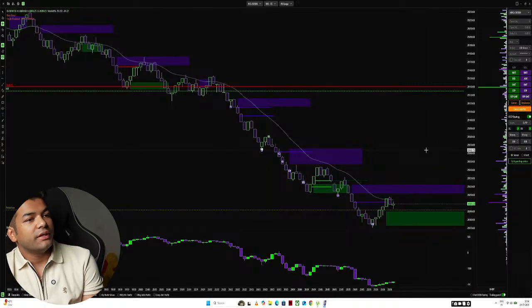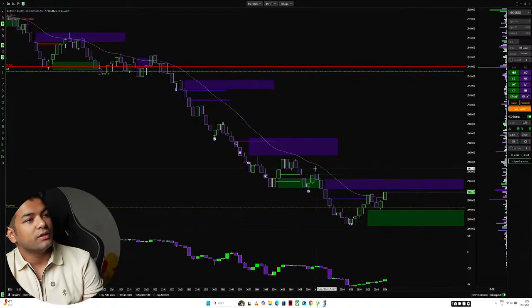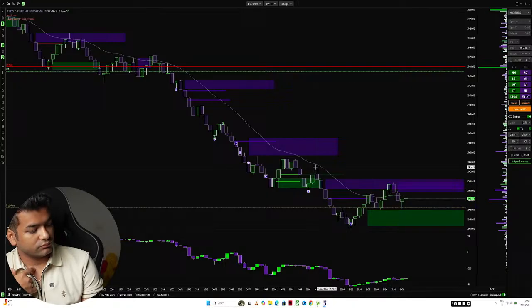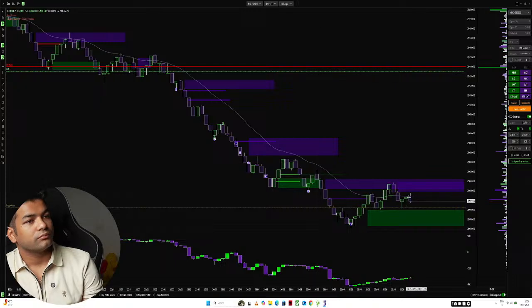Now we are waiting for a retest. So if we get a good retest at one of these zones, we will engage again. We have a double effort area here.